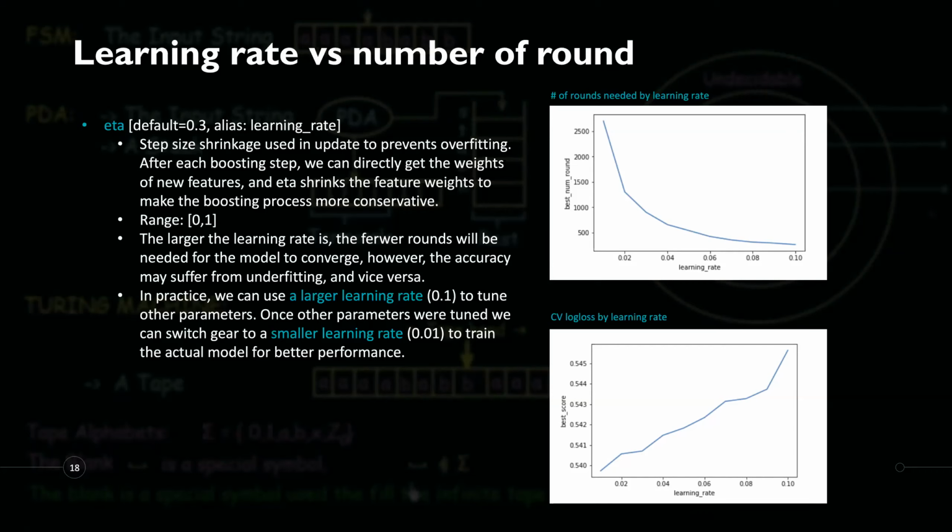That's a very common and useful trick for training XGBoost models. Again, we use the larger learning rate to tune other parameters, and then go back to a smaller learning rate for a better accuracy.